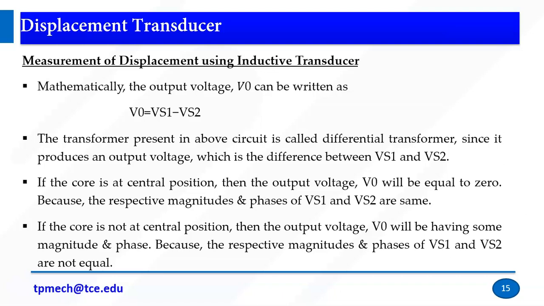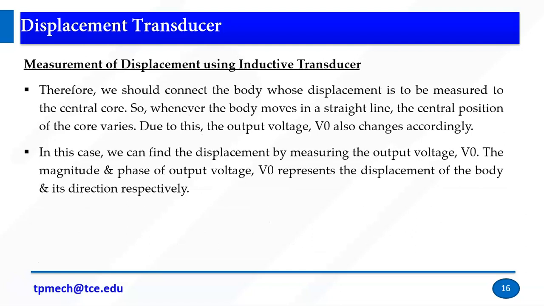So the difference will be 0, and we can ensure the core is at the central position. If the core is not at the central position, the output voltage V0 will have some magnitude. If it is at the top or bottom, we get a difference. Based on the difference we can easily measure the displacement, right?